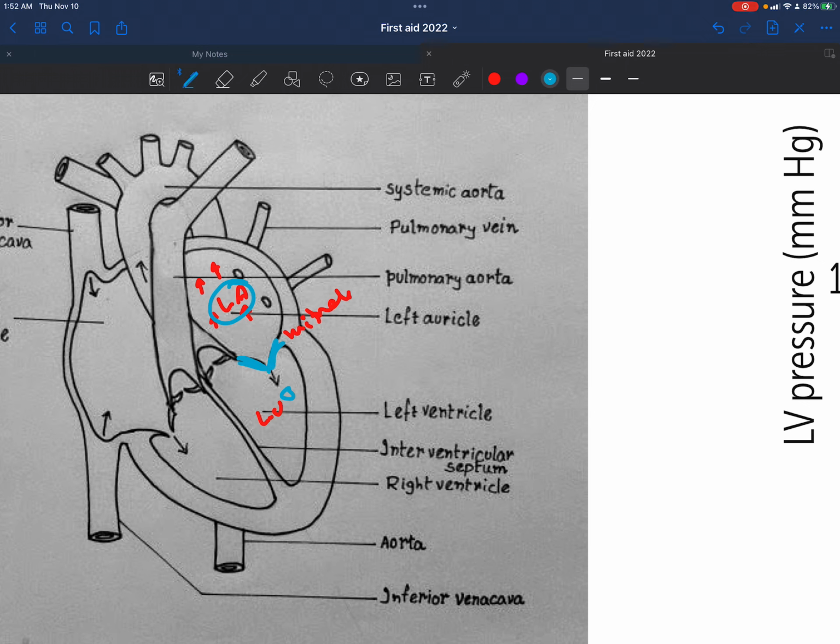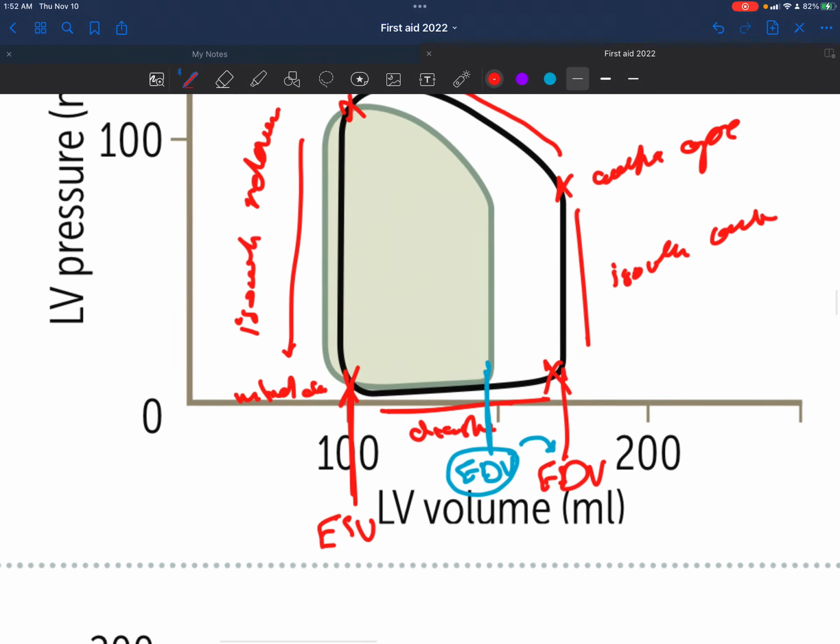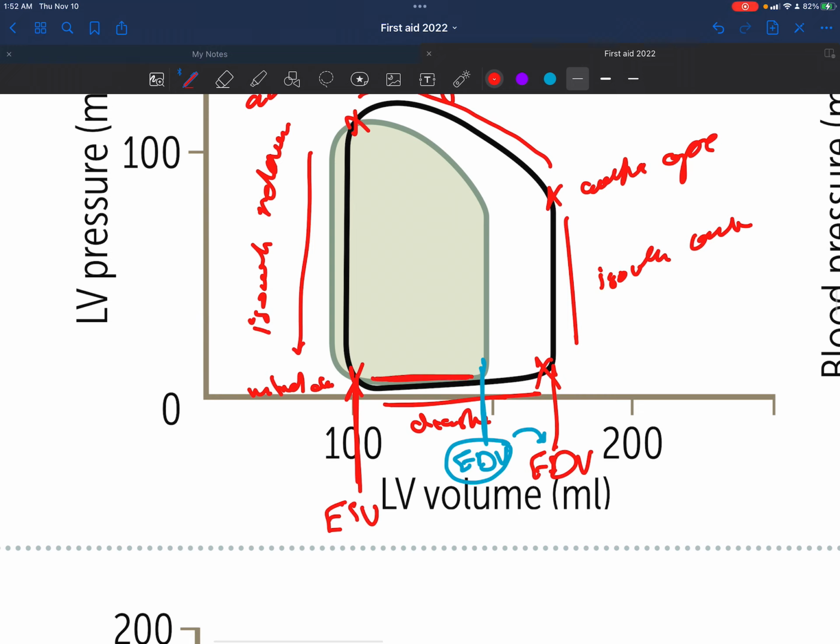They allow a small amount of blood and then they close. So that means the left ventricle is getting only a small amount of blood from the left atrium, and a great amount stays in the left atrium, does not leave, because this mitral valve is stenosed and is not allowing for proper filling. That's why we see over here during diastole, in the blue, the diseased volume.